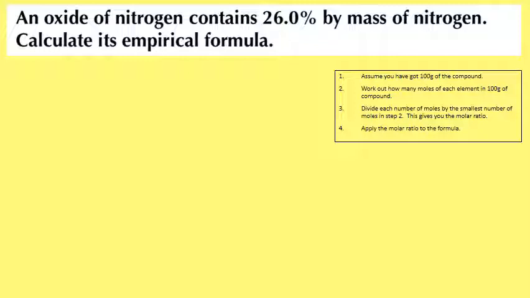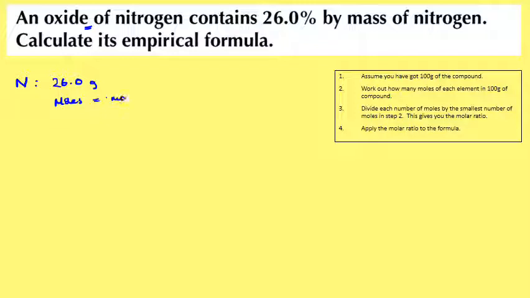So it's an oxide of nitrogen, not oxides. There's no S on there, so it's one compound, and in that compound there is just nitrogen and oxygen. So let's start with nitrogen first. We're assuming that we've got 100 grams, and so in that case we have 26.0 grams of nitrogen, and so then moles of nitrogen is going to be, I'll write out the equation for you just to remind you again.